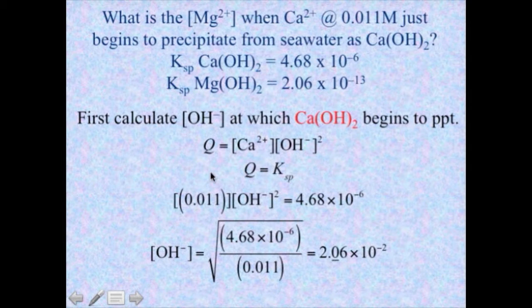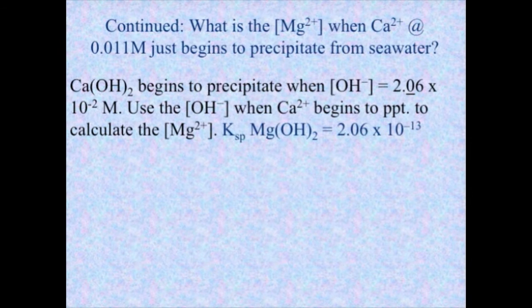So we plug in 0.011 for calcium ion, we solve for hydroxide ion, and we get 2.06 times 10 to the minus 2. So we've established that calcium hydroxide begins to precipitate when the hydroxide ion concentration is 2.06 times 10 to the minus 2 molar.